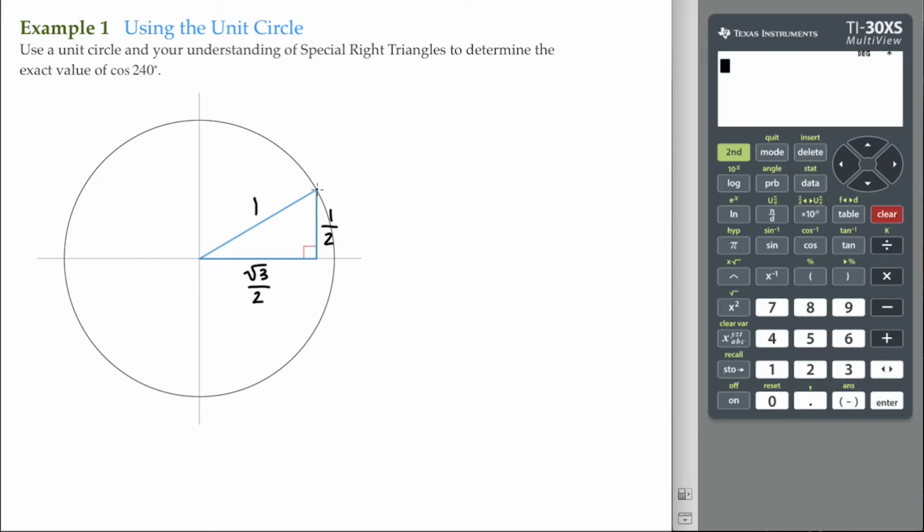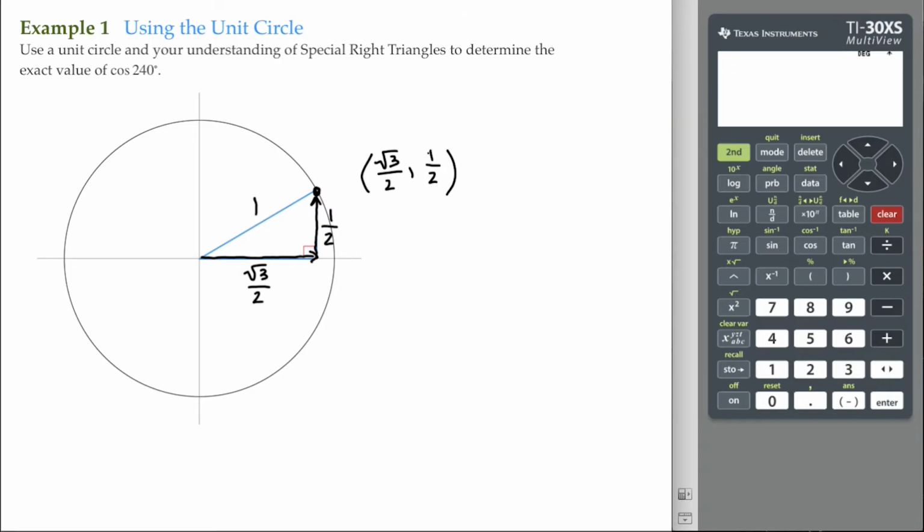So if I want to know where this coordinate is right here, I have an x-coordinate that comes over this far. That's root 3 over 2. And of course, it has a y-coordinate that comes up this far, and that's 1/2. So the ordered pair for this point right here is root 3 over 2 and 1/2.